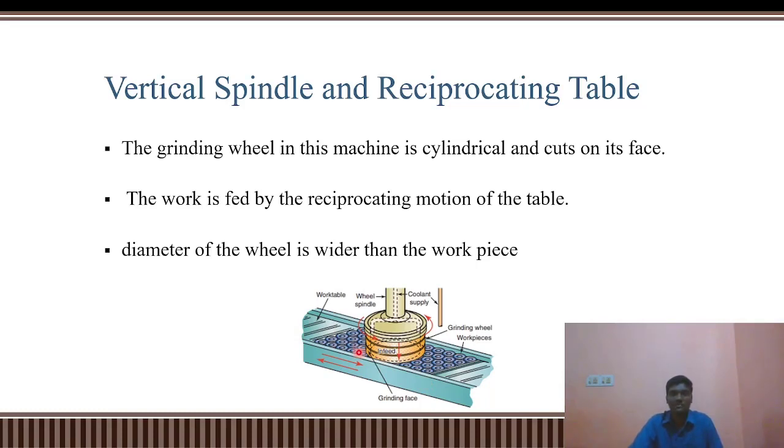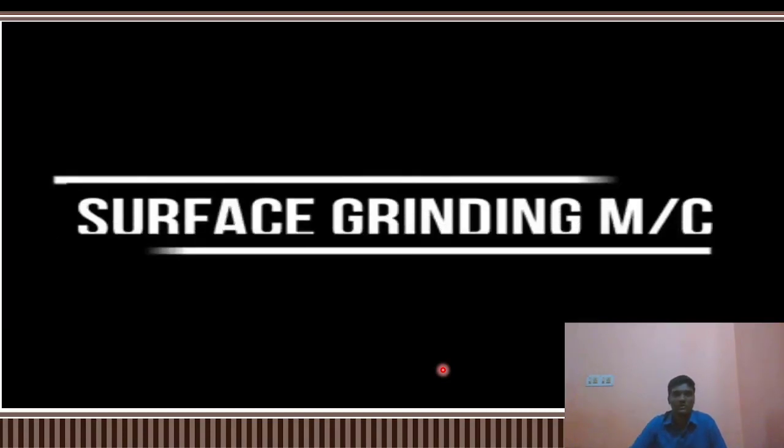So by that the metal removal also takes place, and the diameter of a grinding wheel is always wider than the workpiece material because the face of a grinding wheel is involved in metal removal, and I have a video for you, so please look at this.